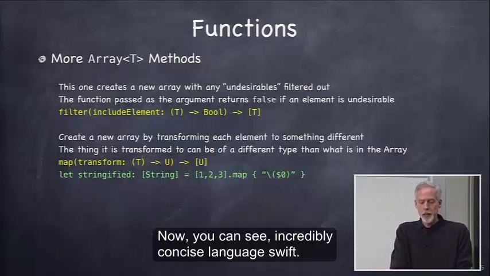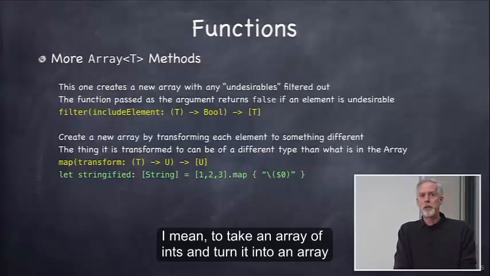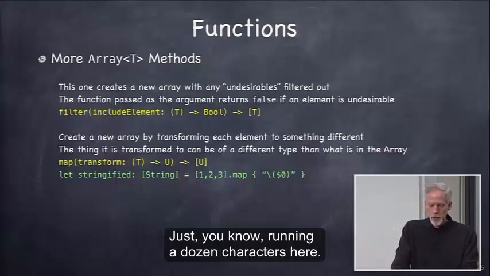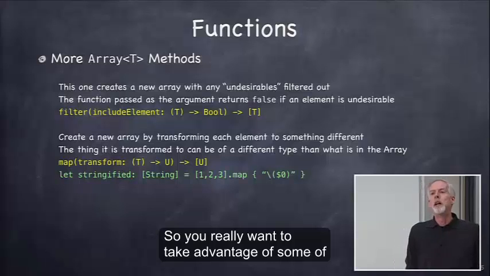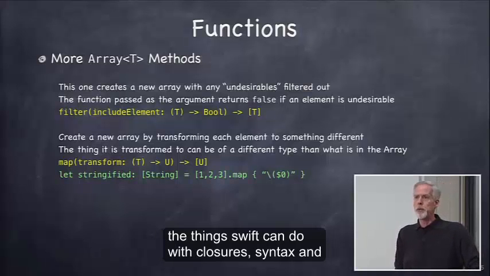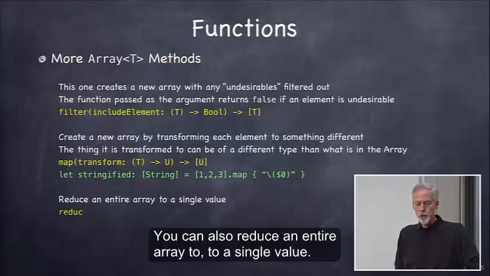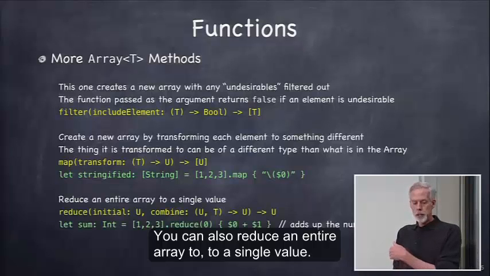Now, you can see, incredibly concise language, Swift. To take an array of ints and turn it into an array of strings, no for loops, no nothing, just, I don't know, a dozen characters here. So you really want to take advantage of some of the things Swift can do with closures, syntax, and things like that. You can also reduce an entire array to a single value.